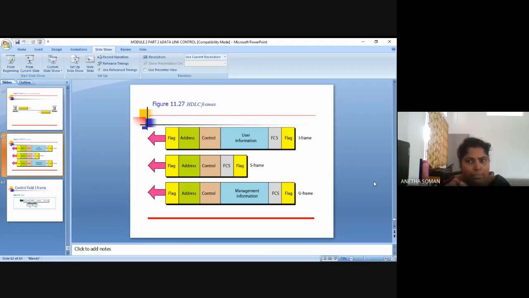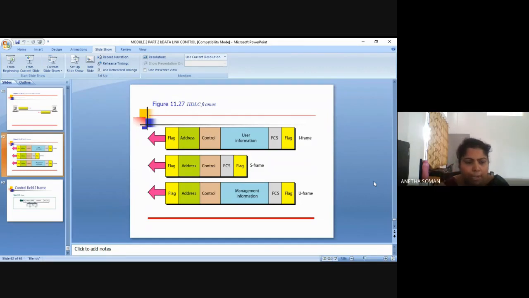Now, what is the importance of I frames? I frames, or information frames, are used to transport user data and control information. If you want to send user data as well as control information, you make use of the I frame. S frames are primarily meant for flow and error control. Already you have seen what flow control and error control are.